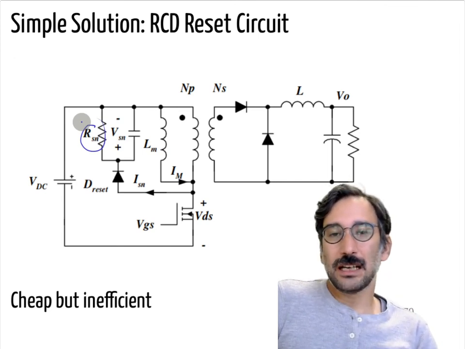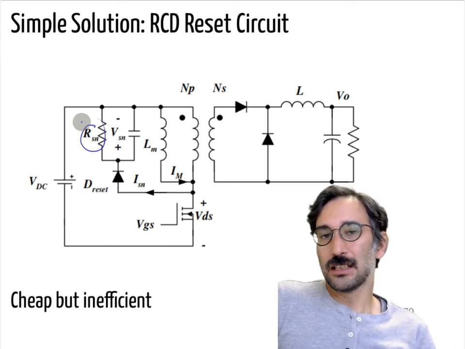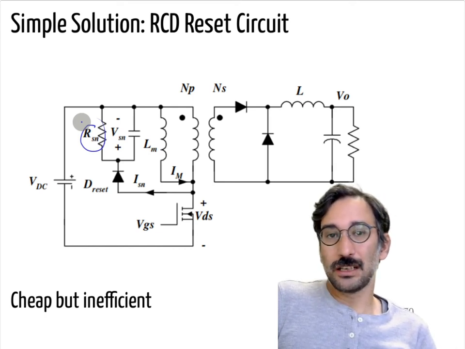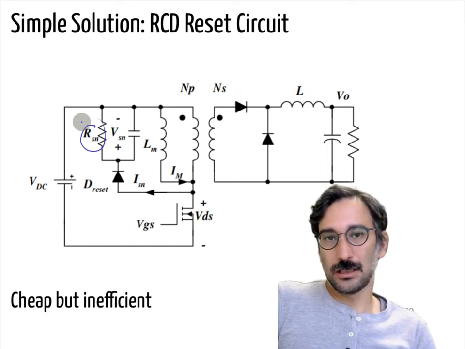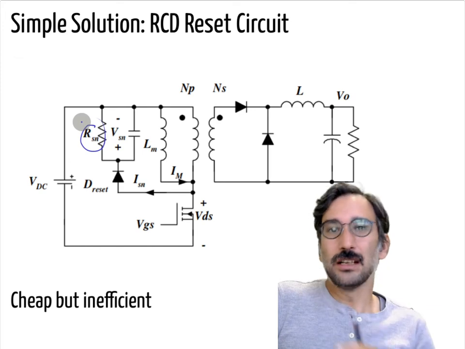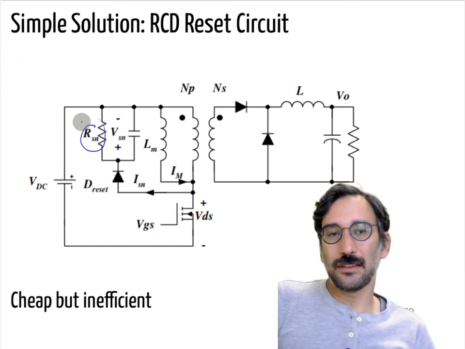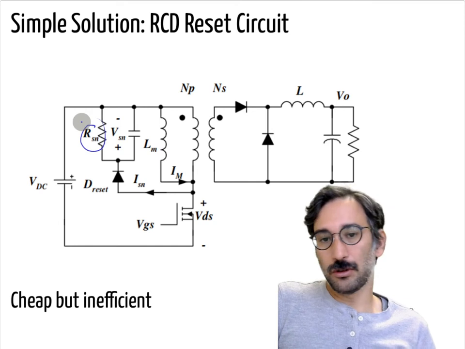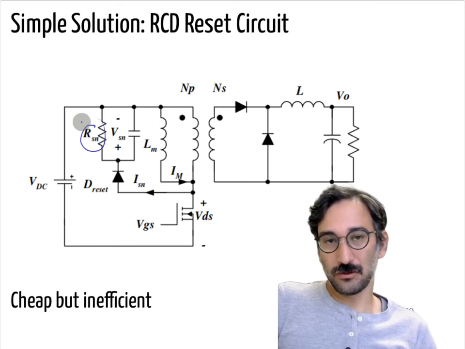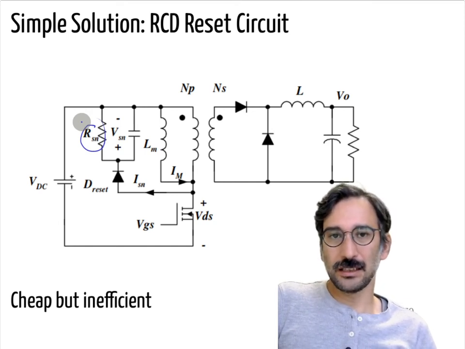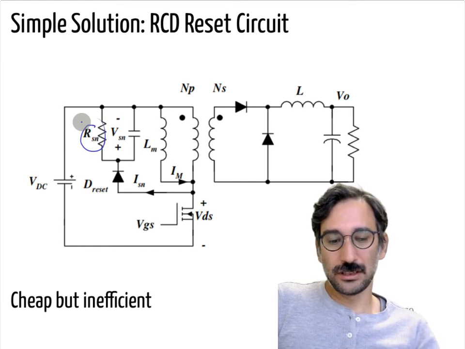Maybe the energy per cycle may not seem significant, but what if you are running your forward converter at like 100,000 kilohertz, right? That means you are dissipating that energy that you stored in that inductor 100,000 times each second, and depending on your operating currents and the transformer design, that can reduce your efficiency quite a lot.